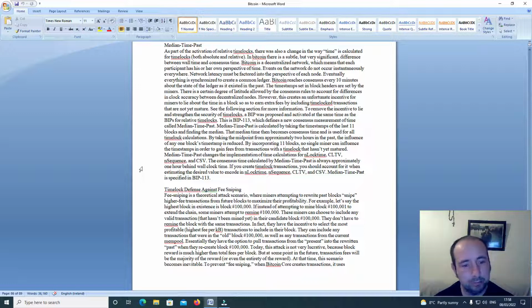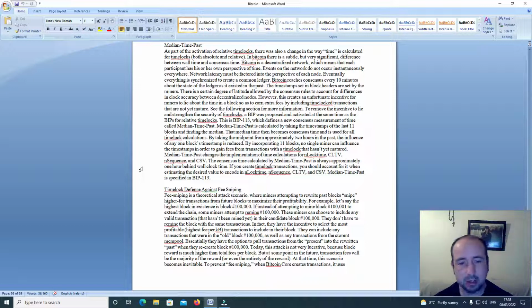Median time passed changes the implementation of calculations for nLockTime, CLTV, nSequence, and CSV.